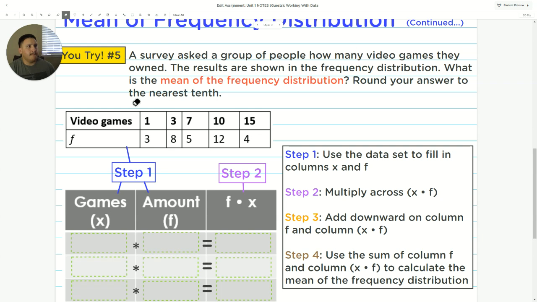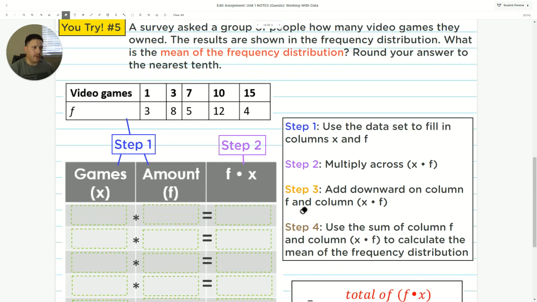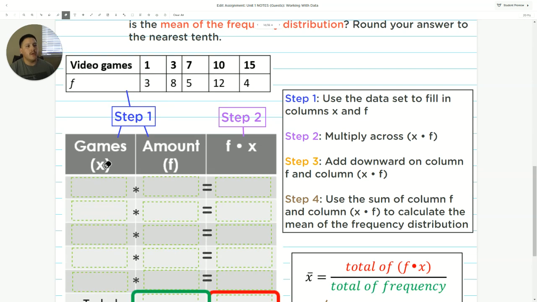Okay. So, you try number 5. Read the problem. Go through the steps. It's structured very similar to what you saw in the previous example. You have a table of video games and their frequencies. You're going to make a frequency distribution table for step 1.